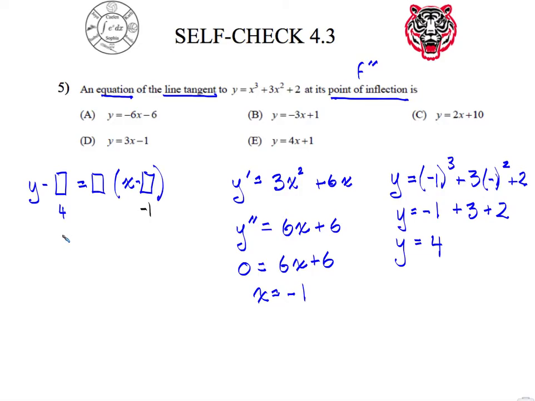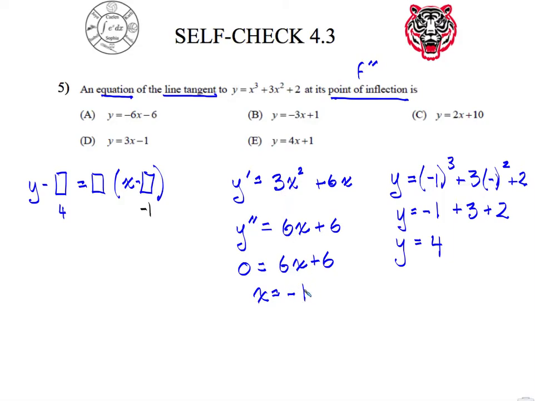How do I find the slope? You can't plug the y coordinate into y prime, but you can plug the x into y prime. If I plug this x coordinate, negative 1, into y prime, I get the derivative at negative 1, which is the slope at negative 1.